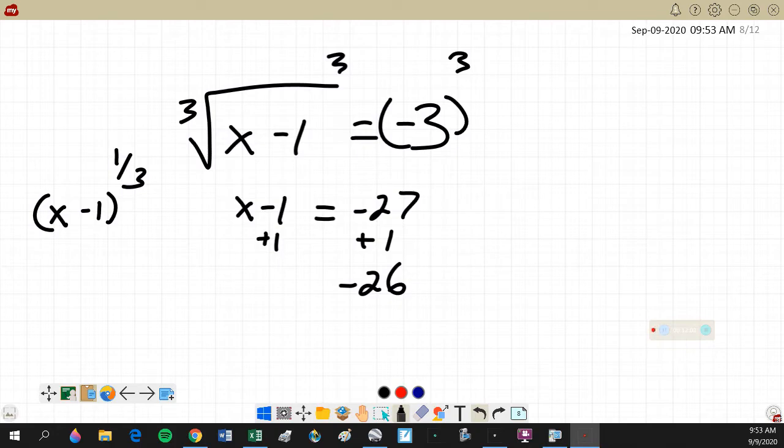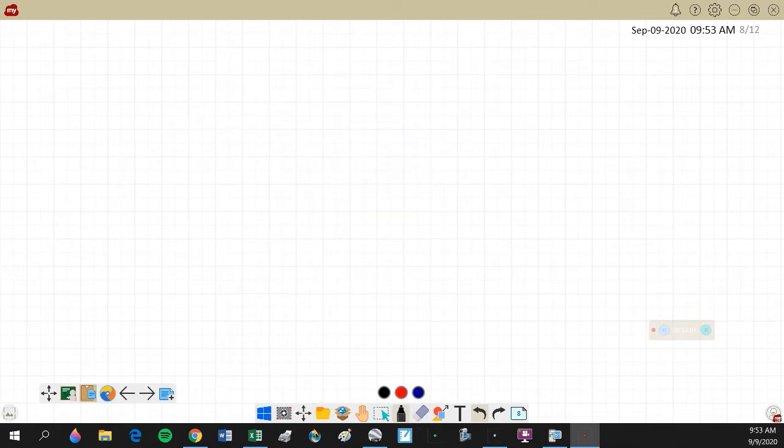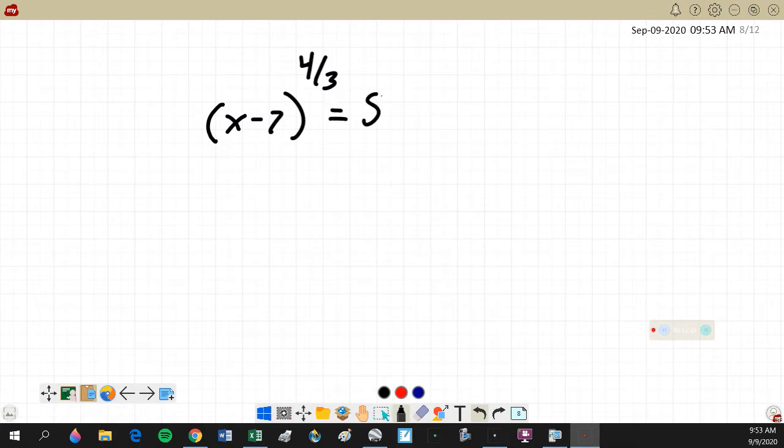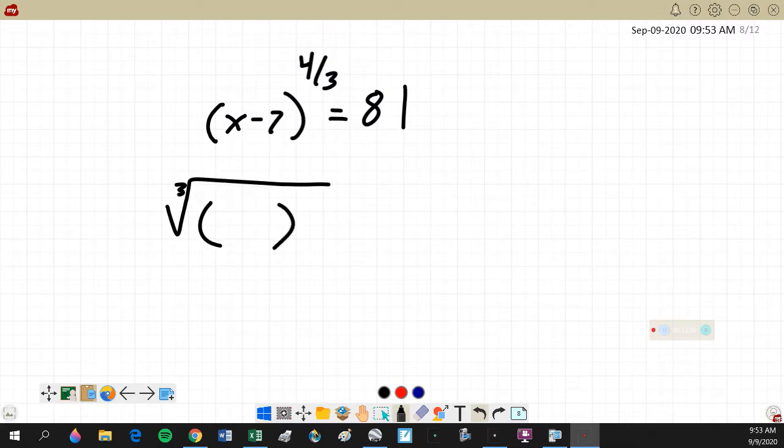Look at number 30. Number 30 says x minus 7 to the 4/3 equals 81. What is the 4/3 exponent? It's the third root of the stuff to the 4th.